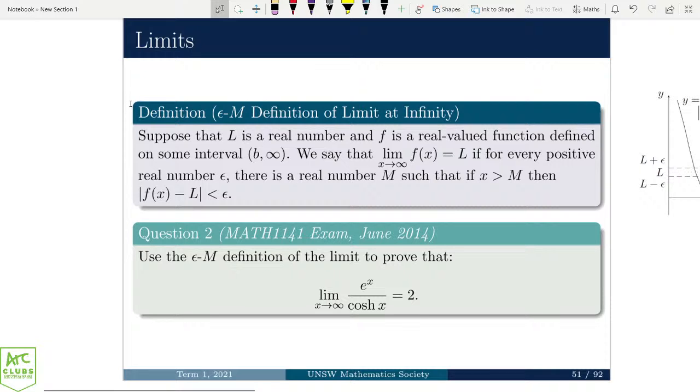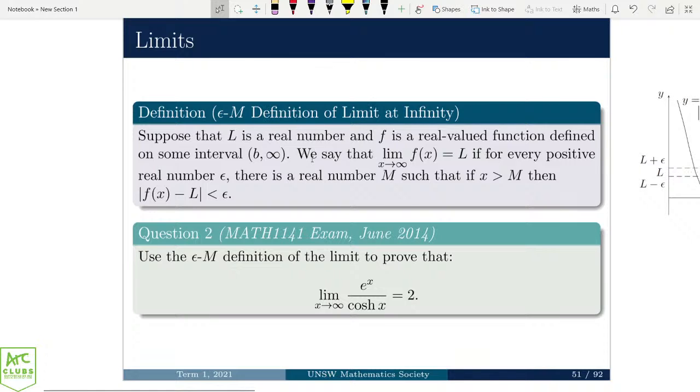All right, so the first definition we have to help you remember what the epsilon M definition of a limit at infinity is. So it says here, suppose that L is a real number and f is a real valued function defined on some interval b to infinity.